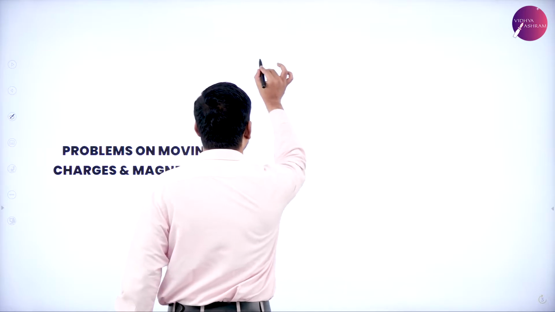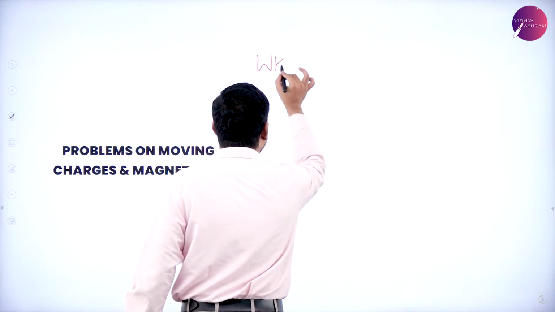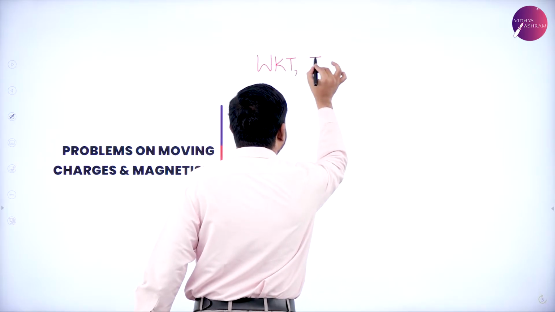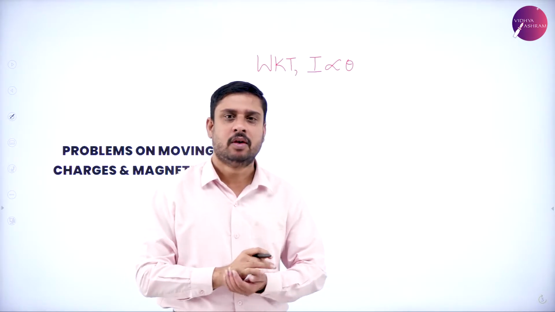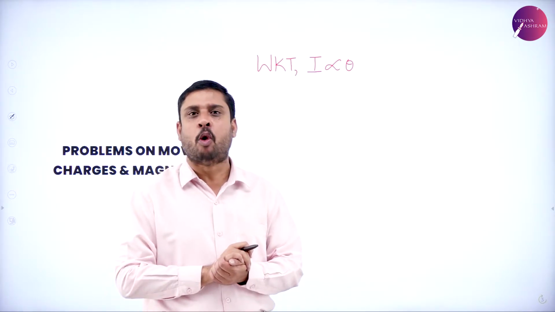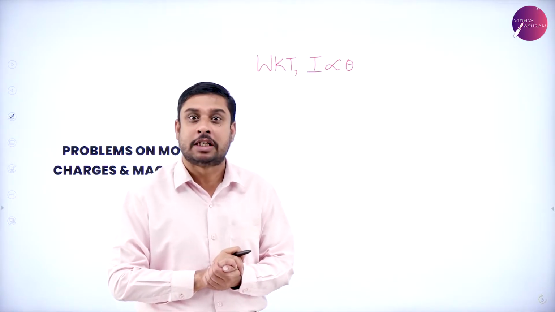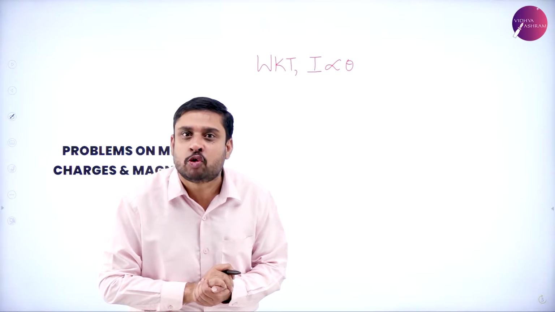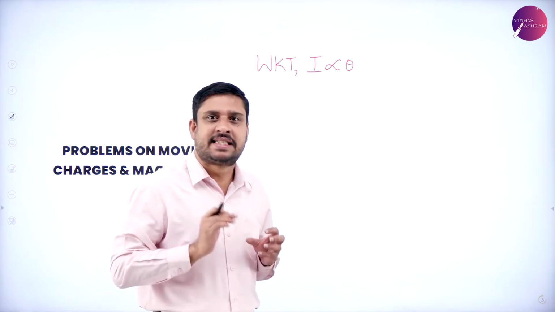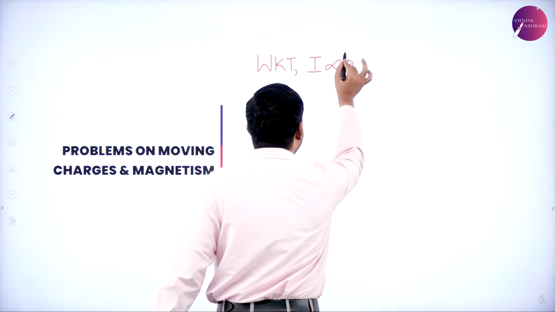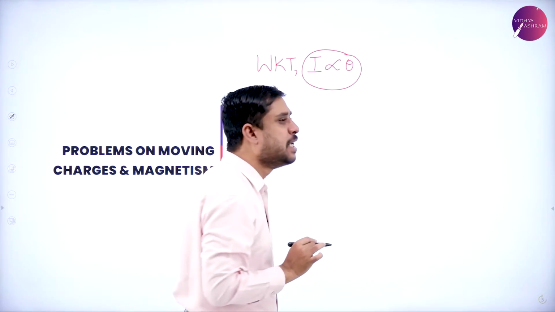Now, going back to the principle of the galvanometer, all of us have studied that the current flowing through the galvanometer is directly proportional to the deflection produced in it. So in the chapter, we study that I is directly proportional to theta.